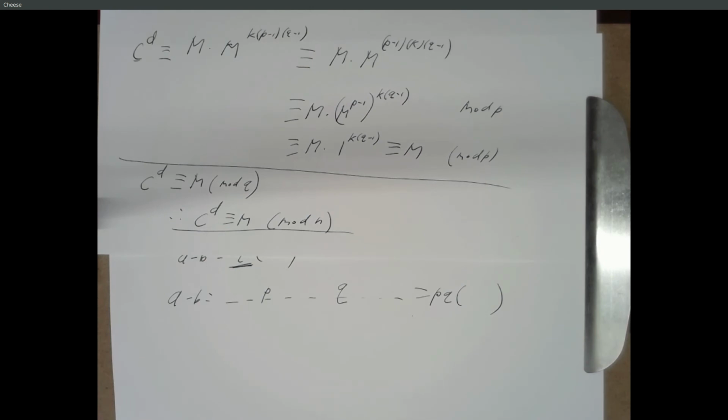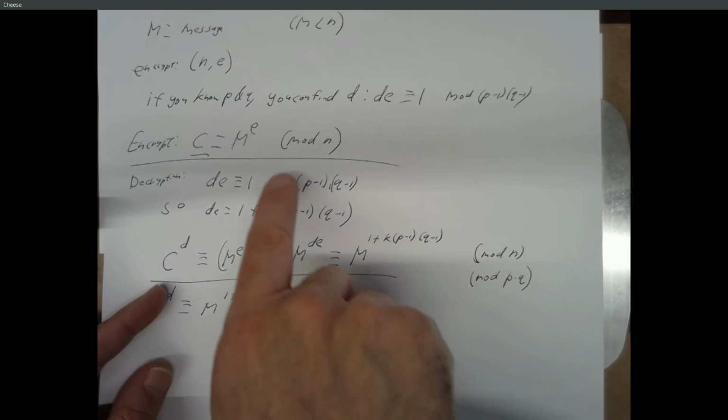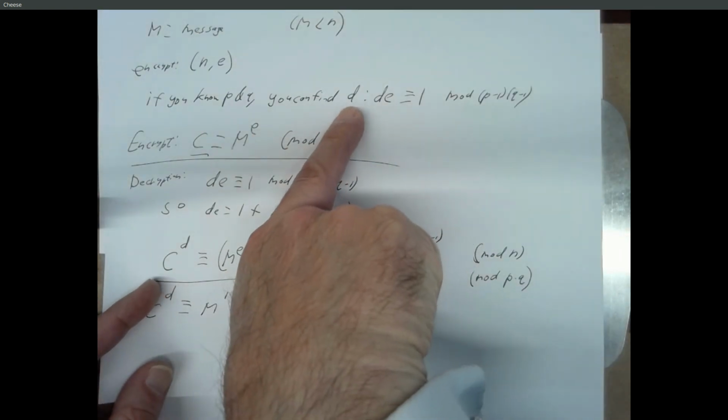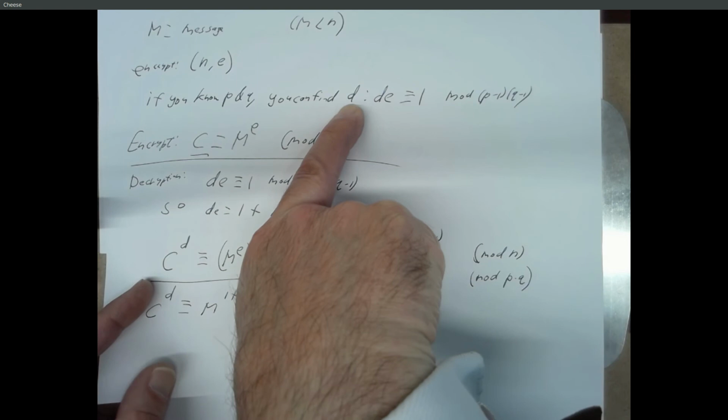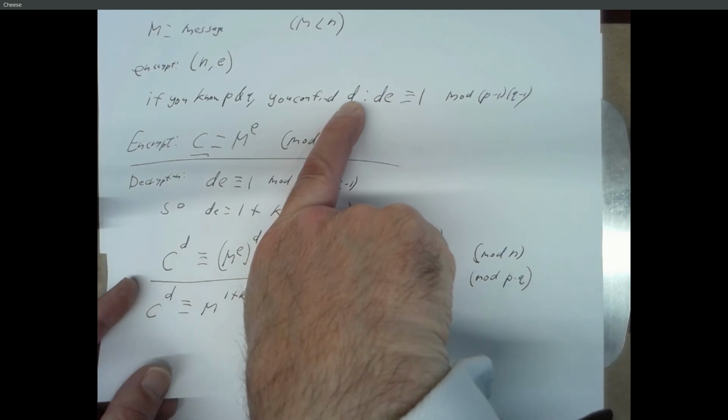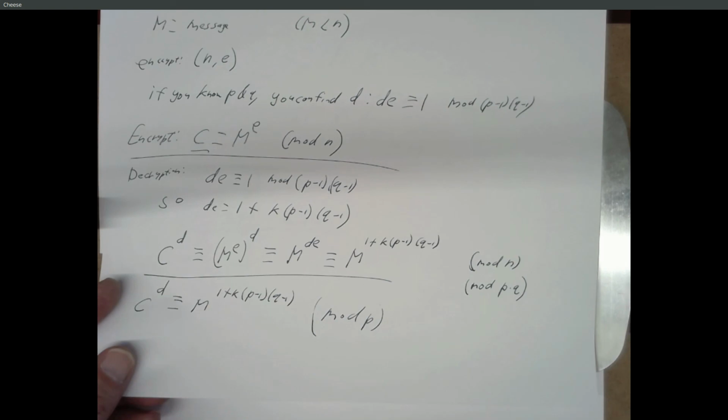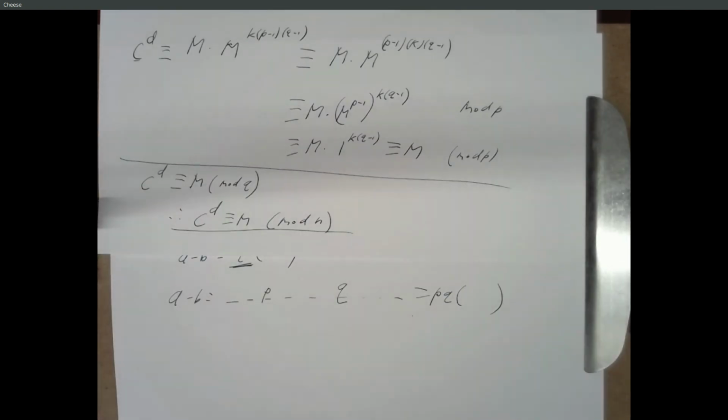All right, so this works, and it uses GCDs, it uses Fermat's little theorem, it uses Chinese remainder theorem, and some facts about modular arithmetic. I don't know how someone came up with this, and I don't know what the exact proof is that finding this D is difficult if you don't know P and Q. Right, but presumably it's hard to do just from knowing the product of P and Q. Is it more difficult than trying to solve for P and Q?